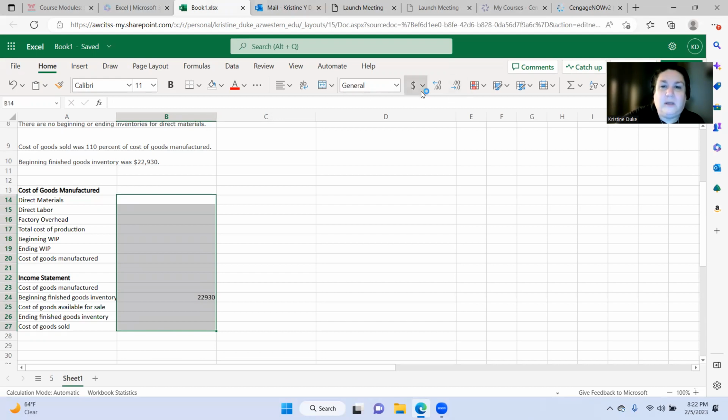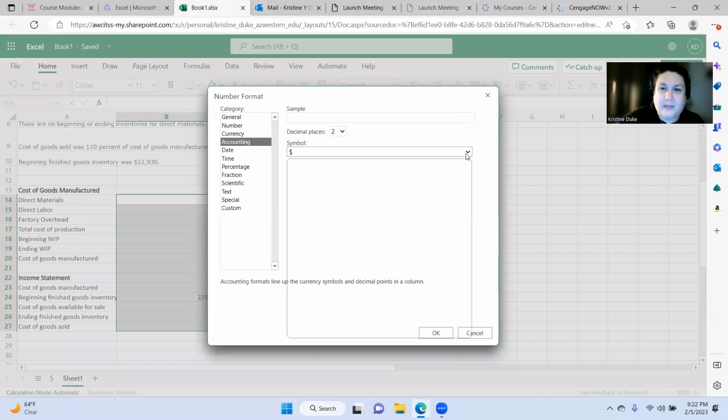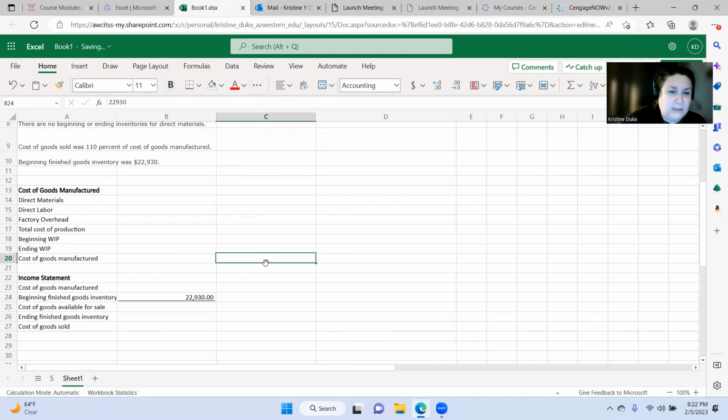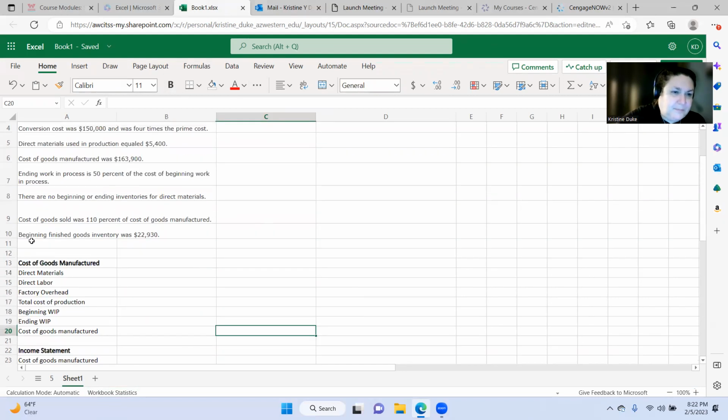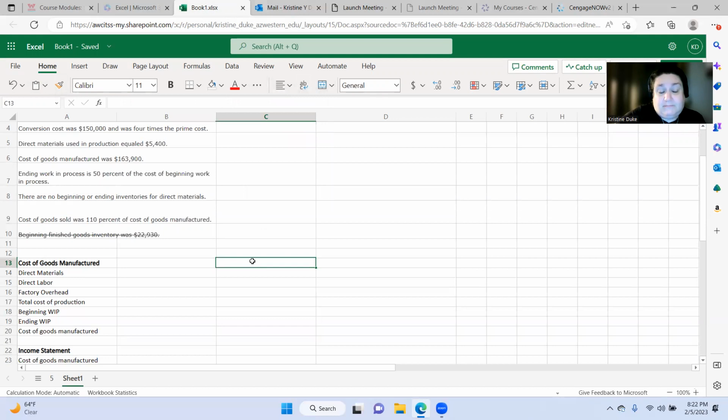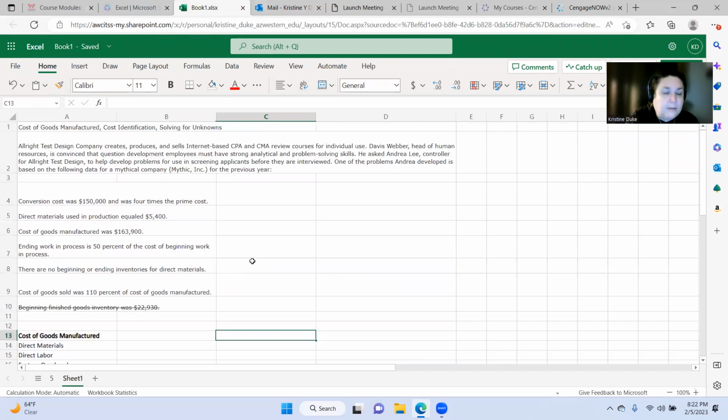Okay, give me my accounting format. New dollar sign. Thank you very much. Okay. So this is going to actually have an underline as well. So I just got that one done. So I'm going to go ahead and do a strike through, that way I know I've done it and I'm a happy camper.